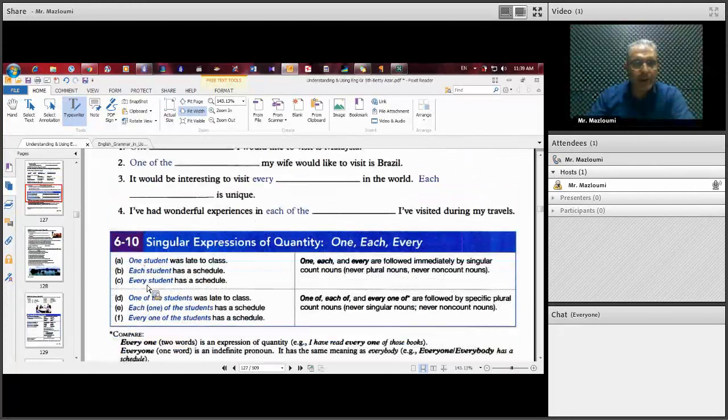So one, each, and every are followed by a singular noun, singular countable noun, student here, for example. So every student, every teacher, every friend, every boy, girl, man, each woman, each father, plus a singular verb, has here. Okay.